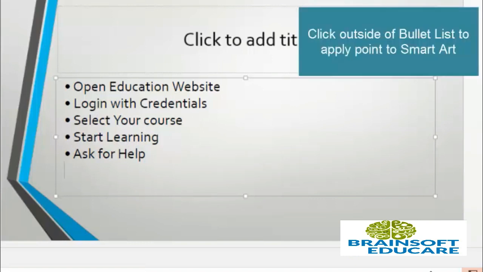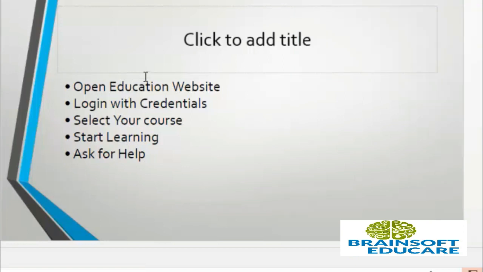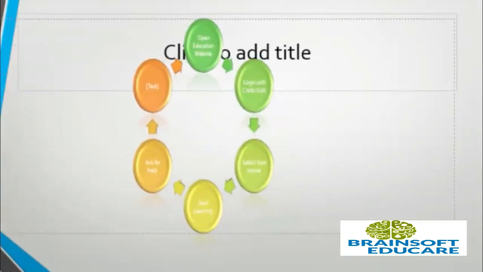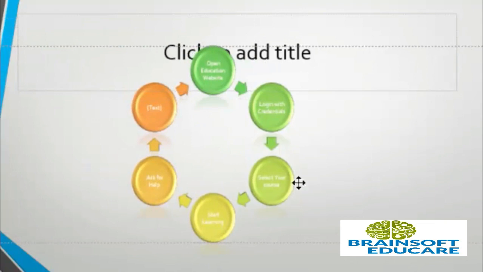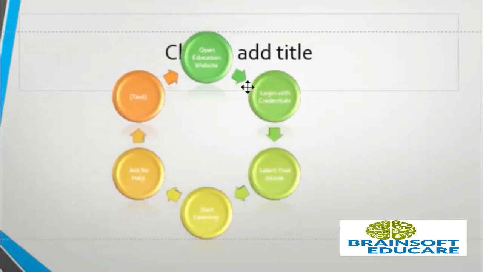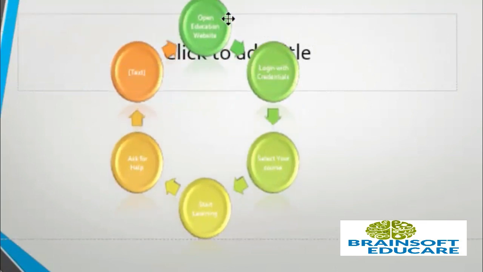I am clicking outside of this slide and this text will be applied to my SmartArt object. As you can see, my text is applied. I am increasing the size of SmartArt by these square points.